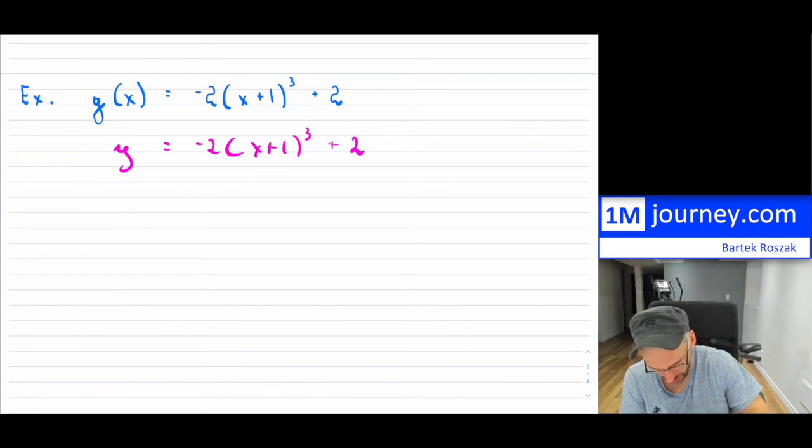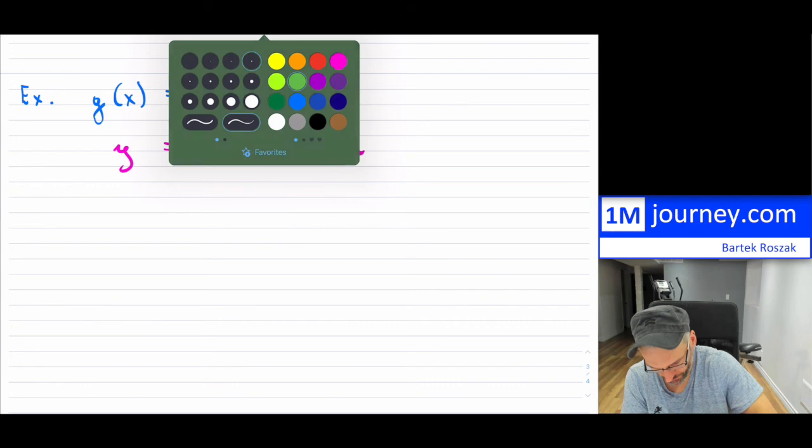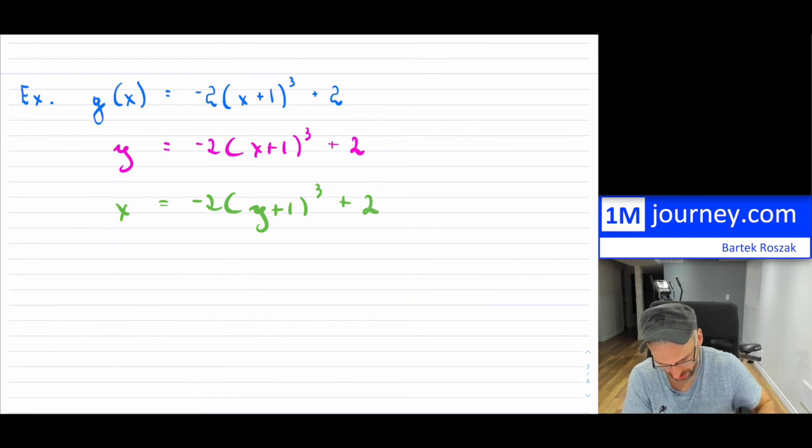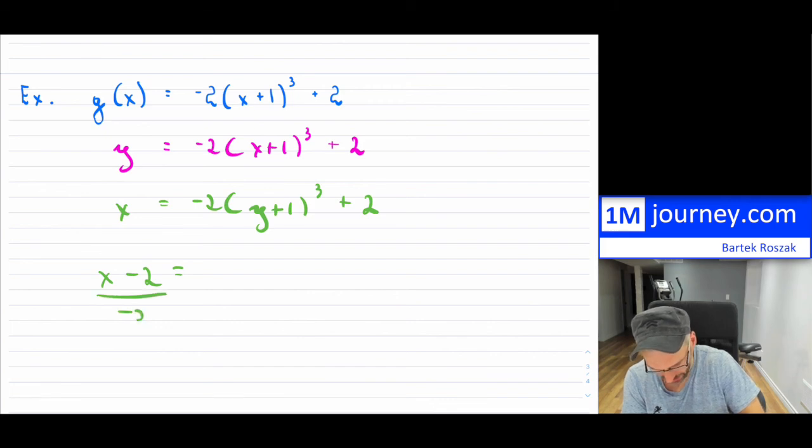Well, I have to swap x and y to find the inverse. So this is going to be y, and I'm going to be isolating for y. So it's going to be x minus 2 divided by negative 2. That's from here; this 2 got shifted over.